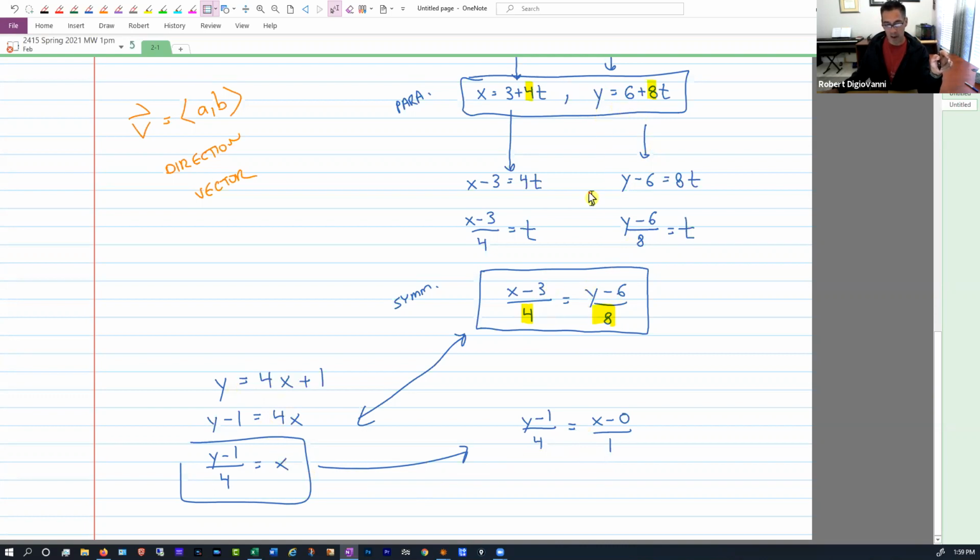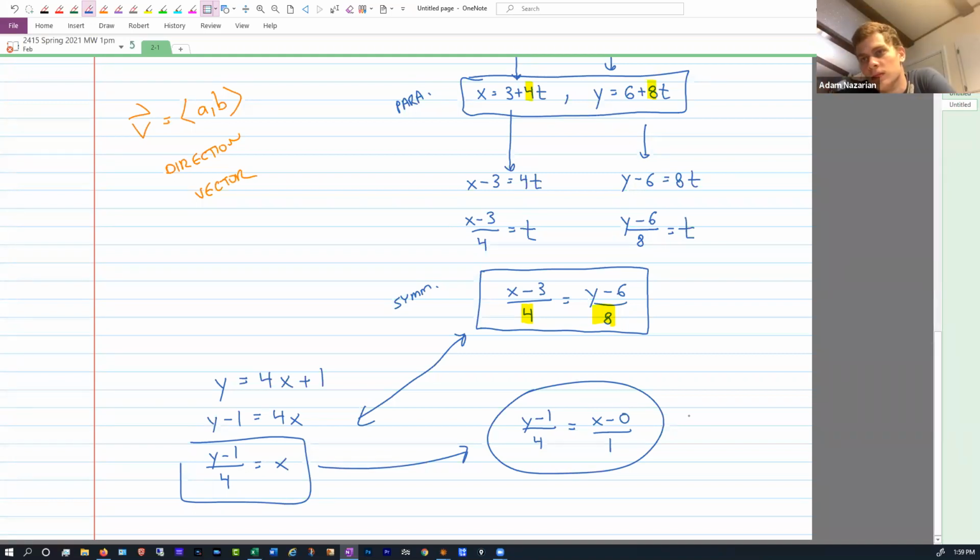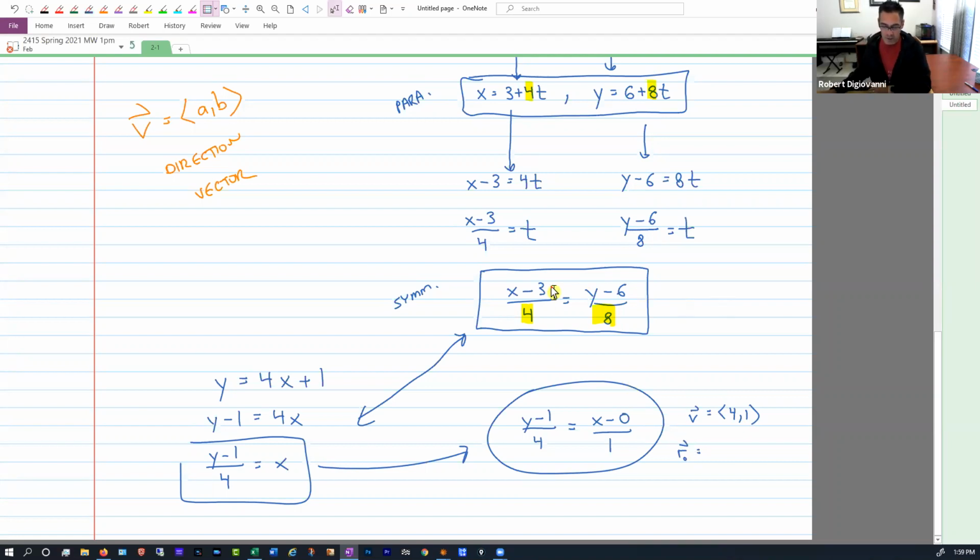Okay? But you can tell me right now, if we look at this line, can you tell me what the direction vector is? 4, 1. So I know here that V is 4, 1. And this is a stretch, but can anybody tell me what R naught is? So look at this one right here.